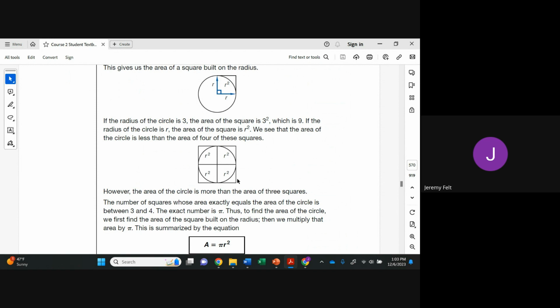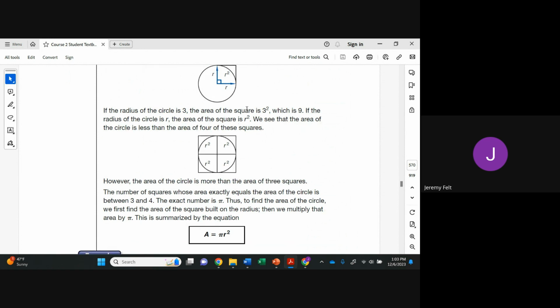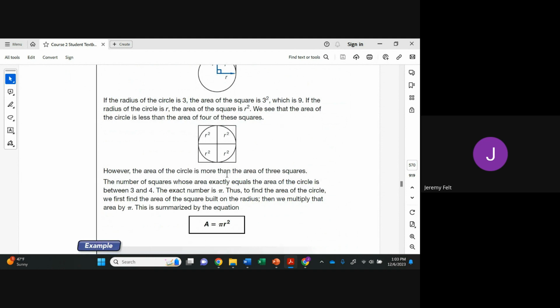So it's going to be close, but it's not going to be 100% accurate. So through much thought and experimentation very long ago, they came up with the accurate equation for area of a circle, and it's pi r squared.